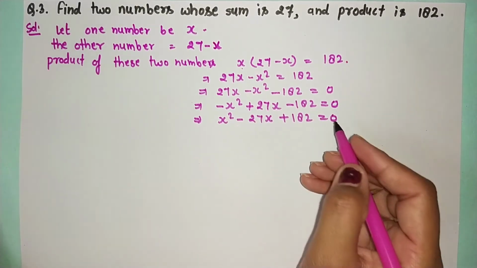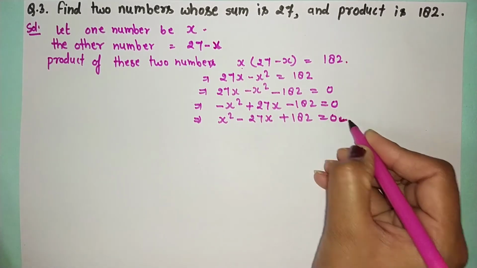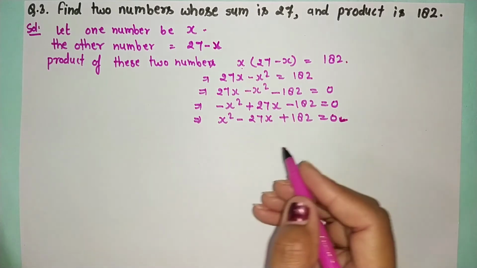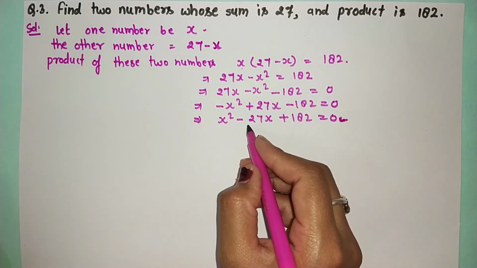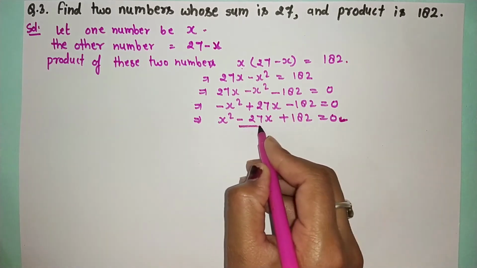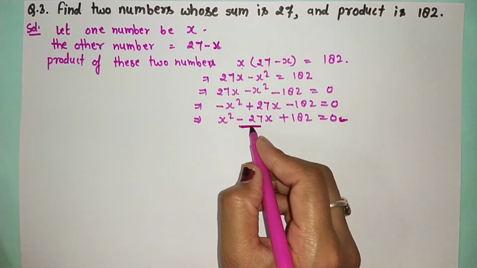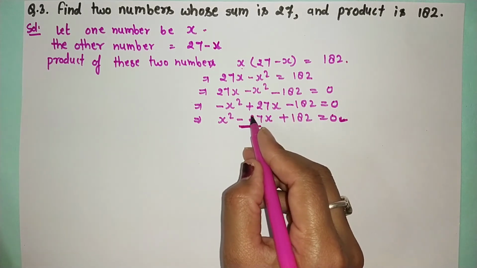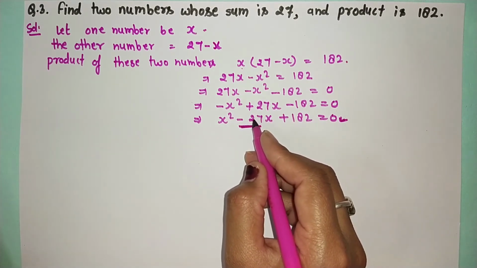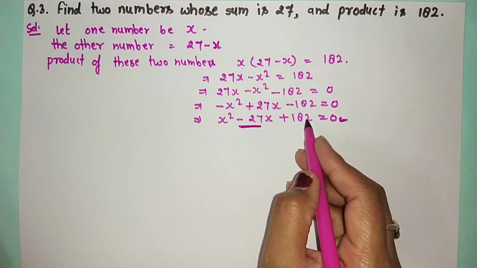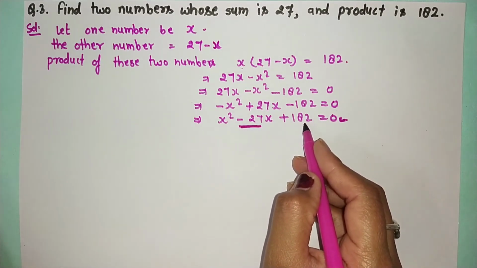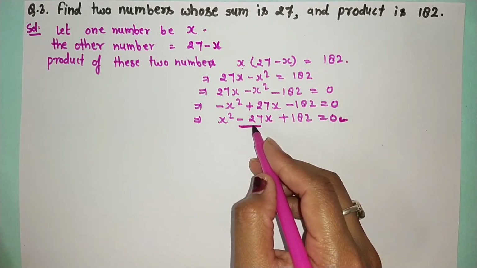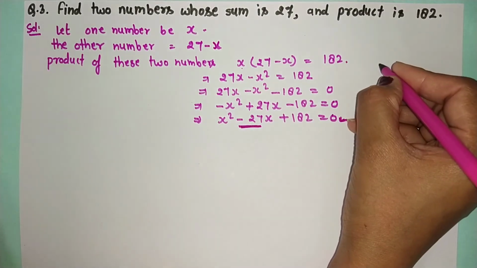Now we solve this quadratic equation by the factorization method. For solving by factorization, we have to find two factors of the middle term, minus 27, such that the product of those numbers will be 182 and the sum of those numbers will be minus 27.